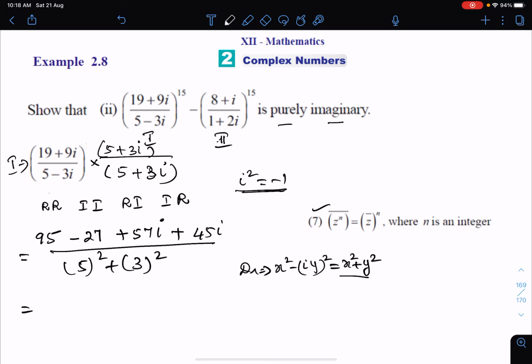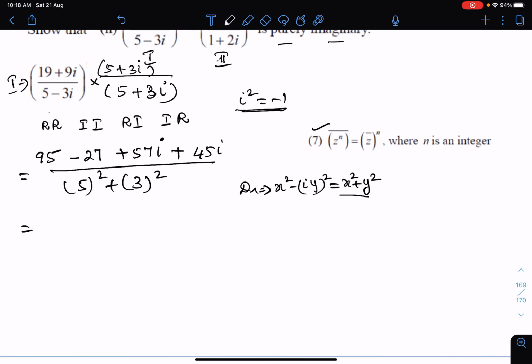Now simplifying, 95 minus 27 is going to give you 68, and you combine these two, both of the same sign, so you get plus 102i, over 25 plus 9, since 5 square is 25 and 3 square is 9, which gives you 34.